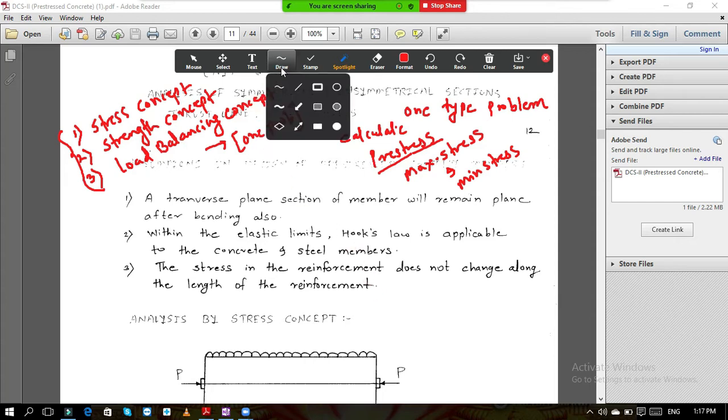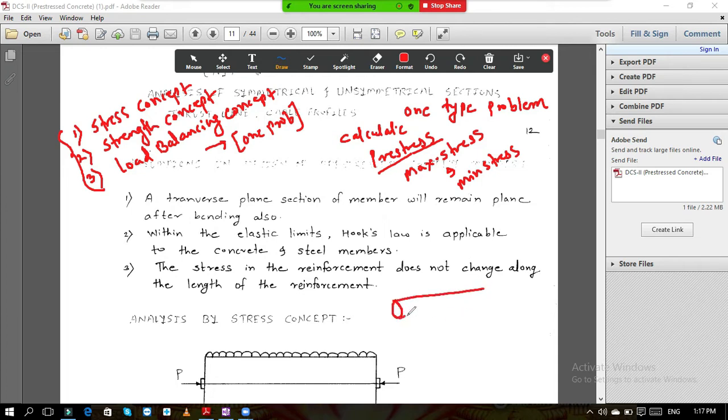What is the meaning of this? Suppose a steel bar is there. Whatever may be the diameter of this bar, 10 mm, 8 mm, 9 mm. Okay, so suppose now this is of Fe415. That is, stress in it is 415.